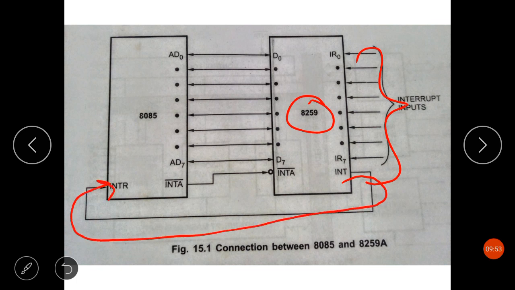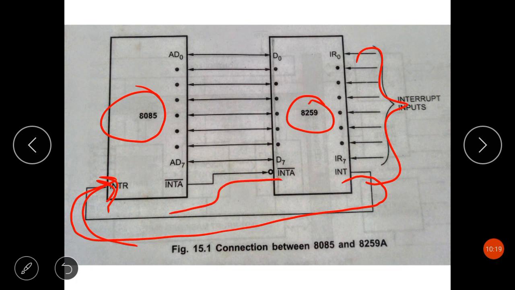This pin is connected to the INTR pin of the 8085 microprocessor, and if the 8085 interrupt enable flag is set, then this high signal will cause the 8085 to respond through the INTA bar pin.